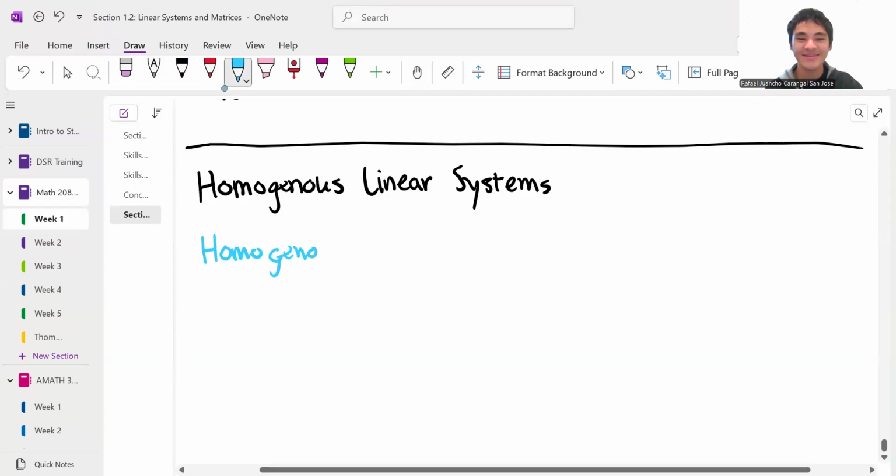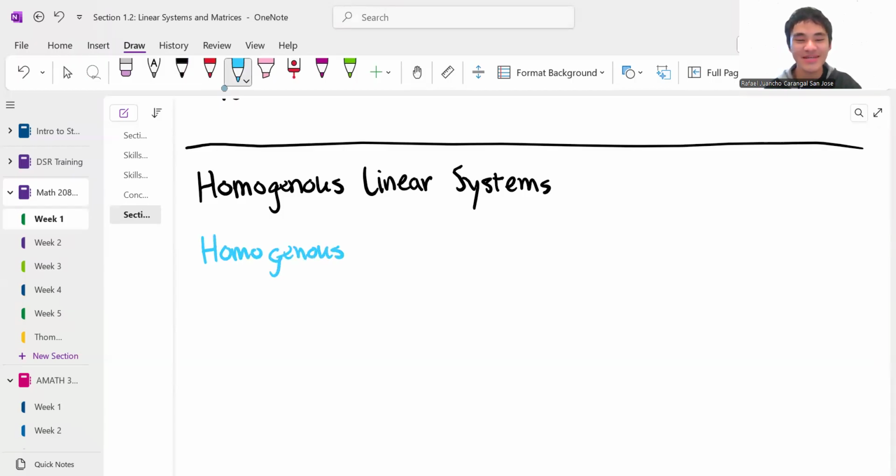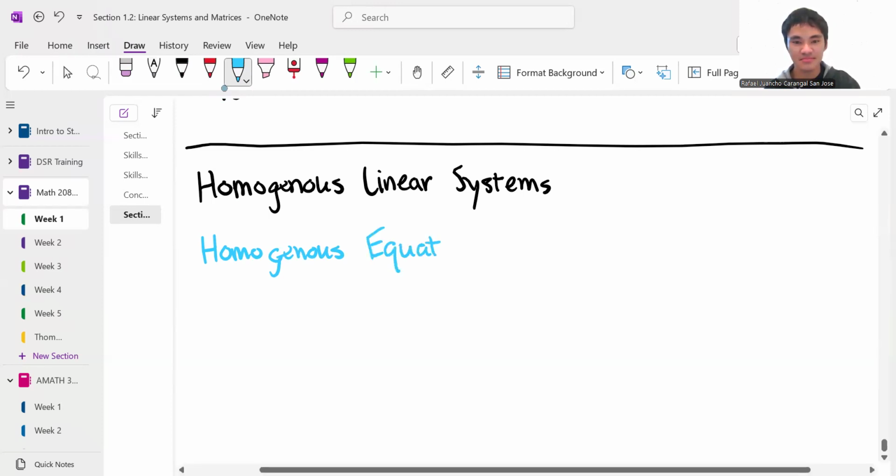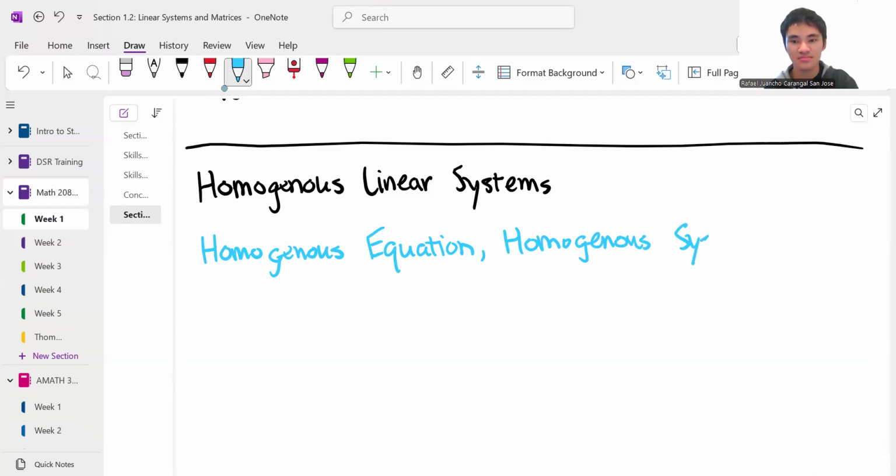I'm kidding, I know, but we're gonna find out. Homogeneous equation. So there are some buzzwords here. Homogeneous system.